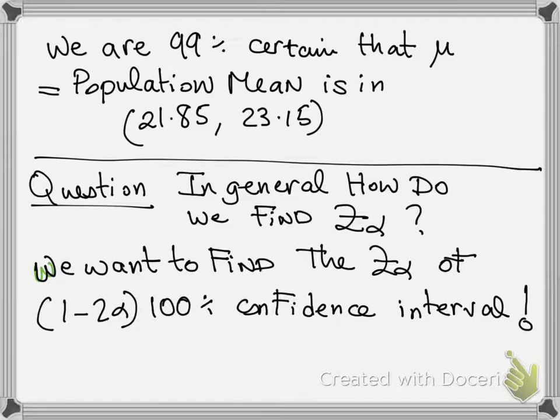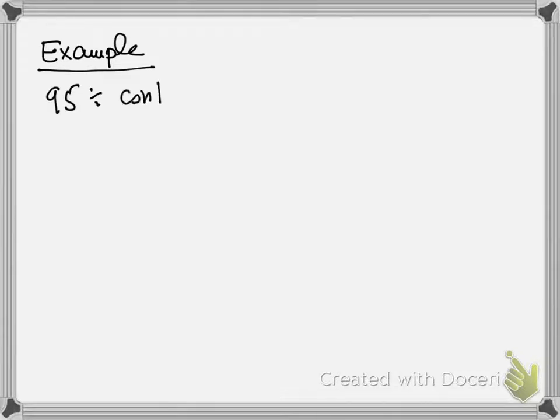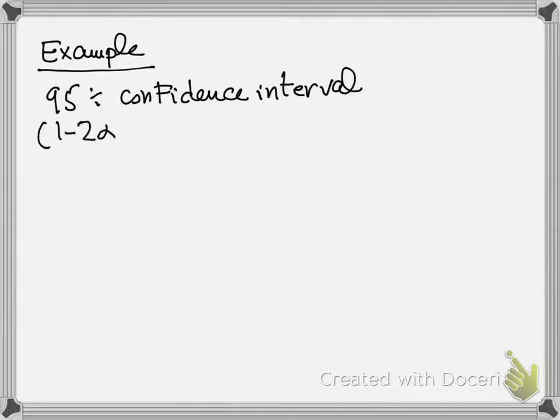For example, if you say a 95% confidence interval, it means that (1 minus 2 alpha) times 100% is equal to 95%.